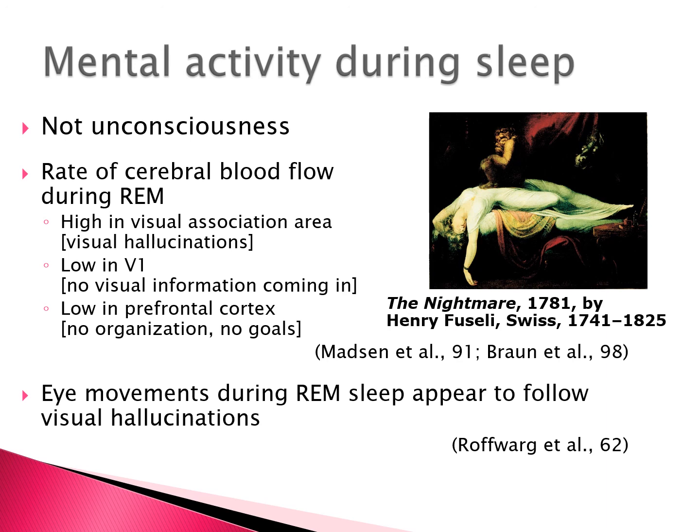It's low in V1, or the visual cortex, because no visual information is actually coming in, and it's low in the prefrontal cortex. There's no real organization to our dreams. We don't seem to have any clear goal where we are keeping anything specific in mind. And as I mentioned in the last bunch of slides, our eye movements during REM sleep appear to follow the hallucinations that are occurring as part of our dreams.